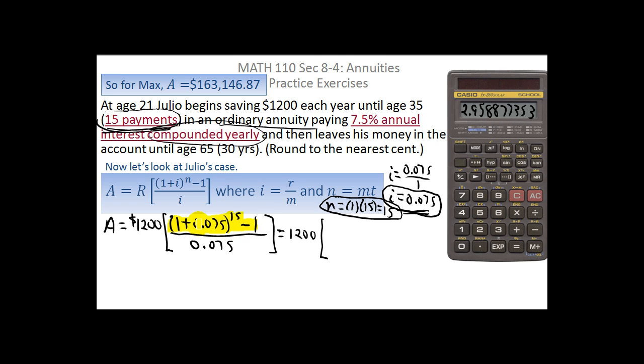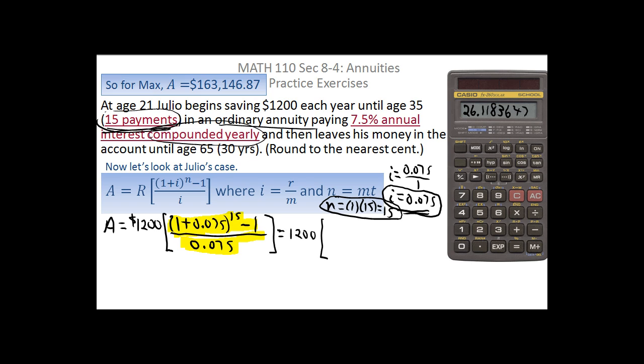Next I want to subtract 1 from that, so I go back to my calculator and say minus 1 equals, and of course I get 1.958877353. Next I want to divide by 0.075, so I go back to my calculator, divided by 0.075 equals, and I get 26.118367.